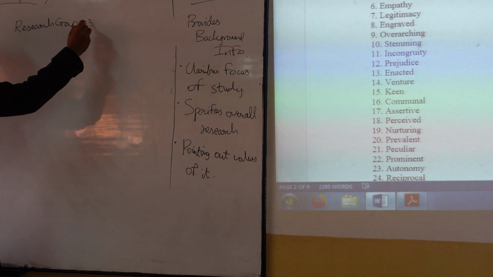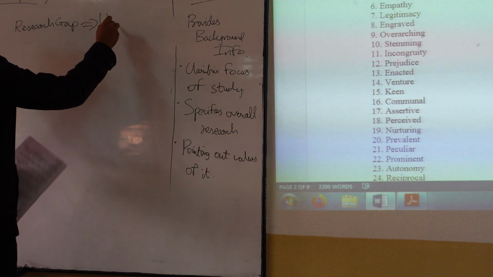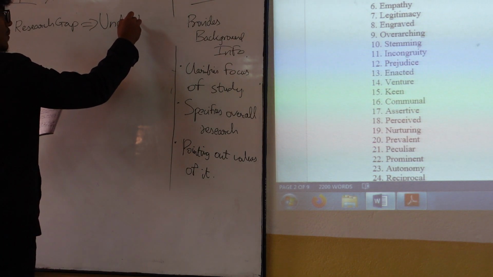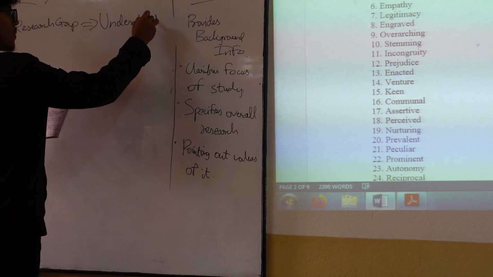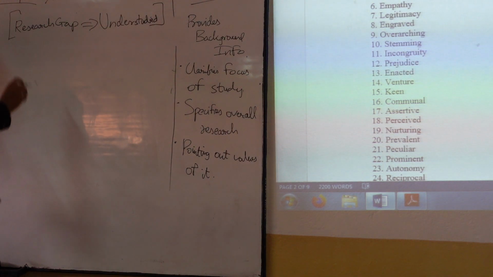Therefore, I am writing this paper. You write a paper only when there is something which people don't know or which you don't know. If you know everything, why would you write a paper? So research gap, understudied means these are the areas which people have not studied so far. So please read my paper.